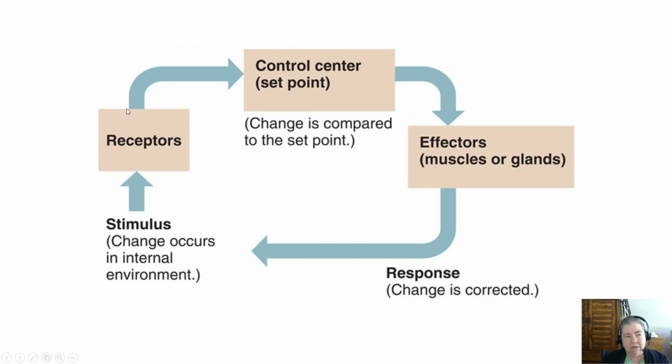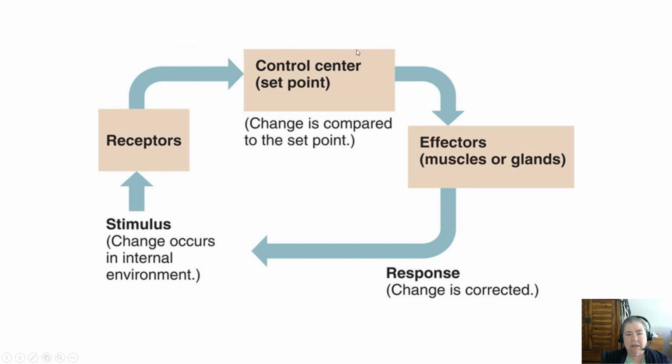There are receptors, and those receptors are in assorted places. Some of them are in the hypothalamus, so the nervous system is very involved here. Some of them are in other places. And they basically detect whether there's a change from normal, from what we would call the set point.